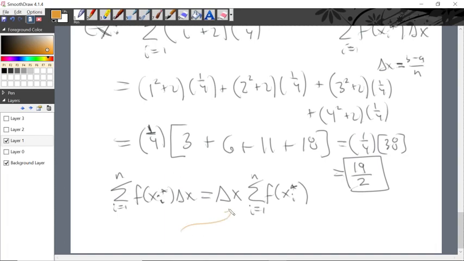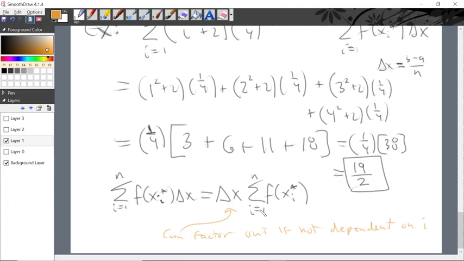So we can factor this out if it is not dependent on i. Consider that i is the variable here. i is the thing that is moving.